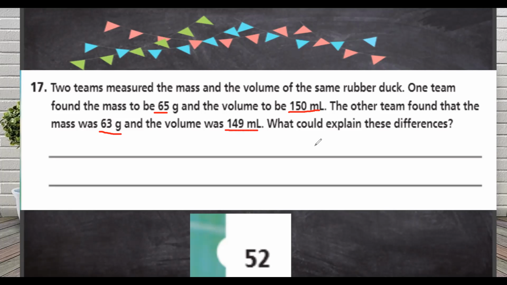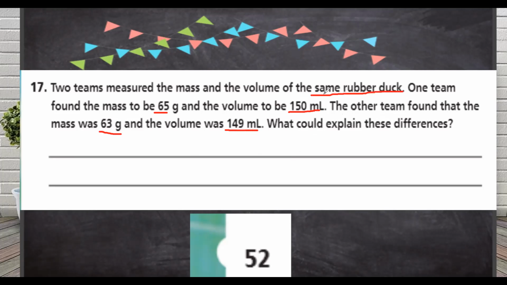Okay. Now, what could explain these differences? Why did the two teams get two different measures? It's the same rubber duck, the same one. See?